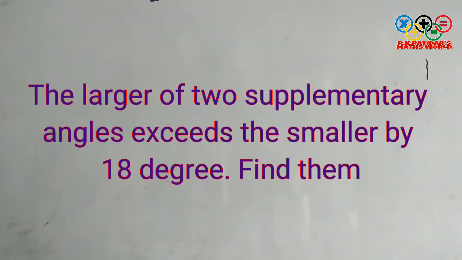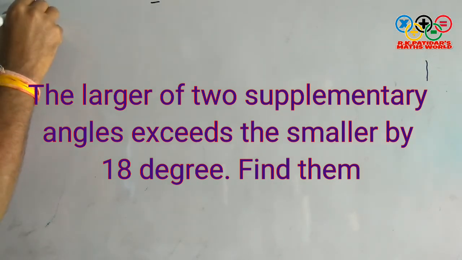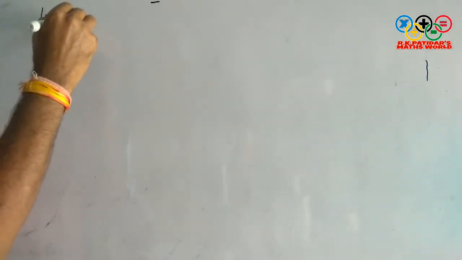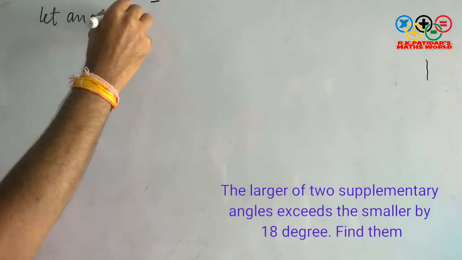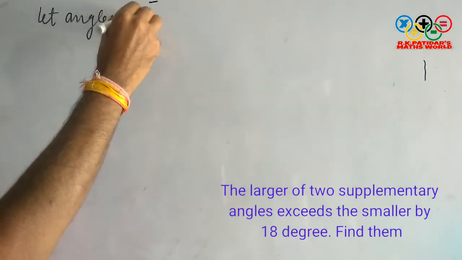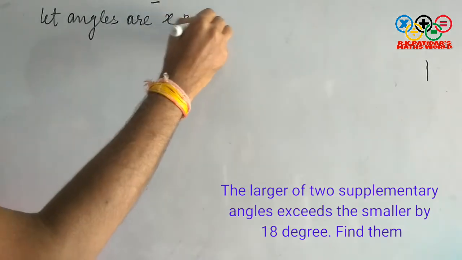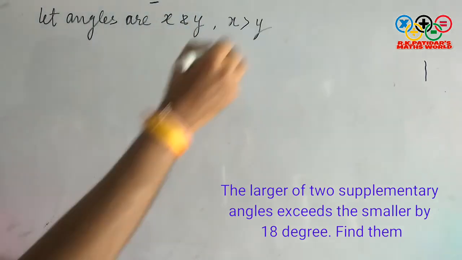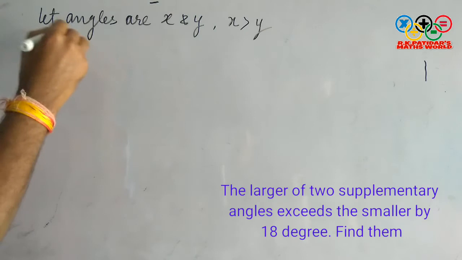Next question, exercise 3.3, question number 3, part number 2. The larger of two supplementary angles exceeds the smaller by 18 degrees. Find them. Two angles are there. So assume, let the angles be x and y. Also x is greater than y.